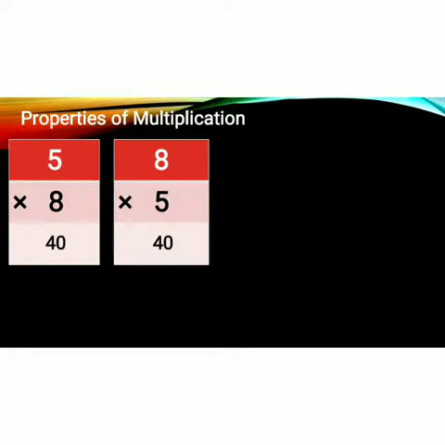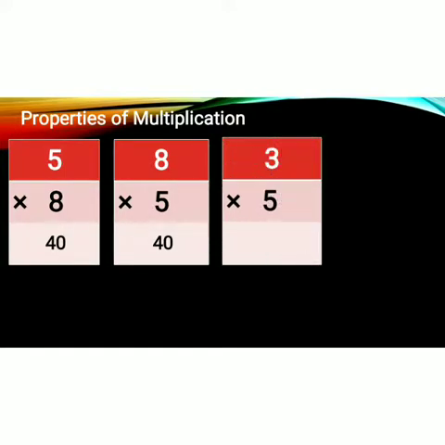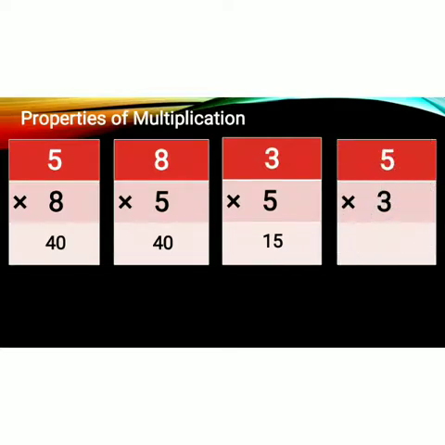The answer will be the same whenever we write the numbers in reverse order also. Second example, 3 multiplied by 5 is equal to 15, and if we write 5 multiplied by 3, we'll get the answer 15.